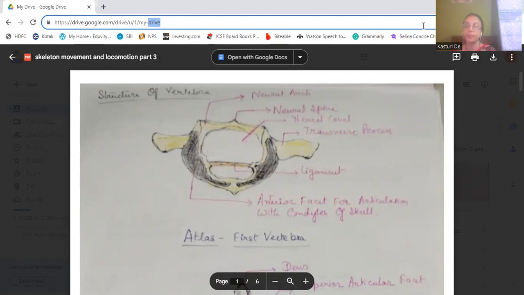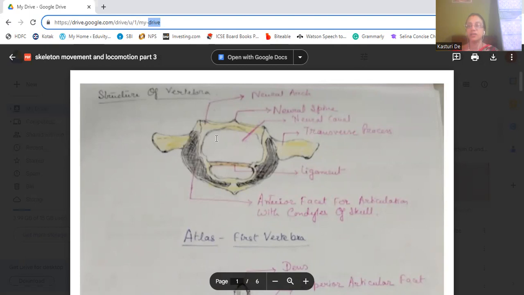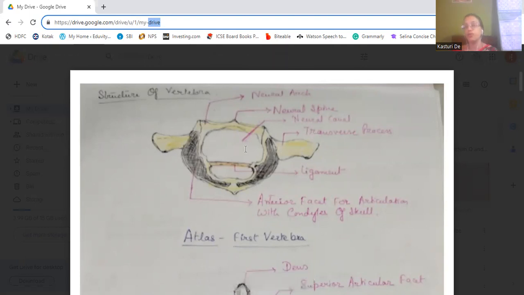The first vertebra is known as atlas. This is the neural canal through which the spinal cord passes down from the brain to the vertebral column.